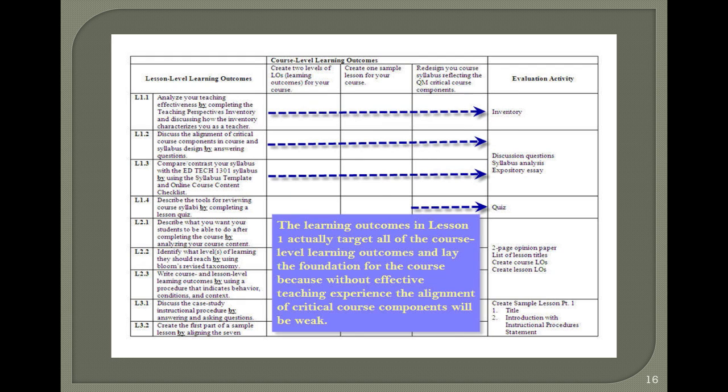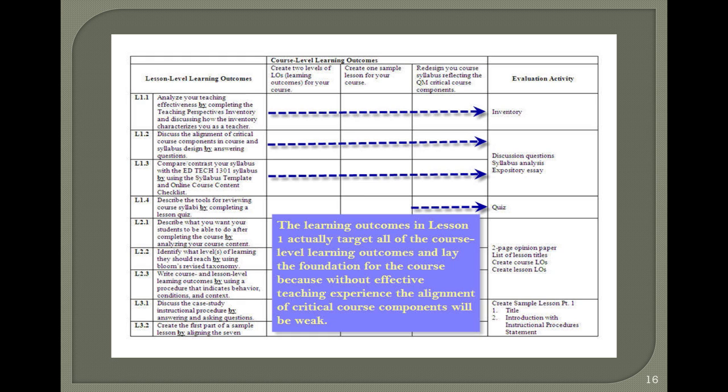This chart illustrates the alignment of the first 3 of the 4 lesson level outcomes in lesson 1 with all 3 of the course level learning outcomes. These are lesson outcomes L1.1, L1.2, and L1.3.